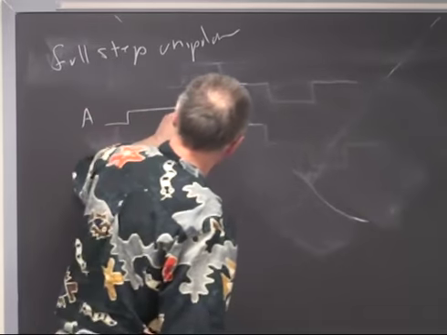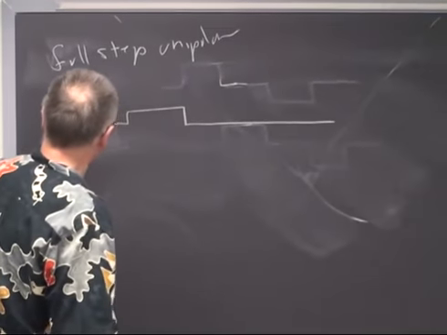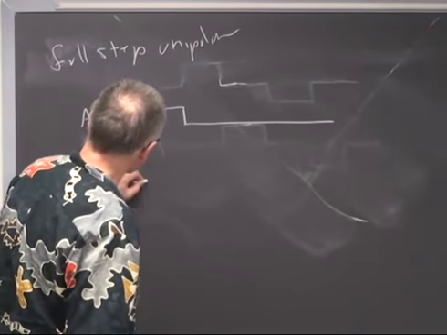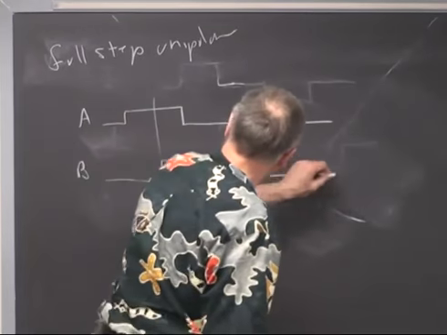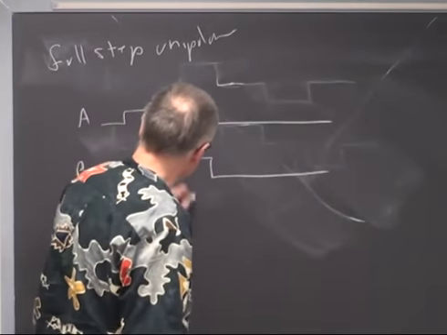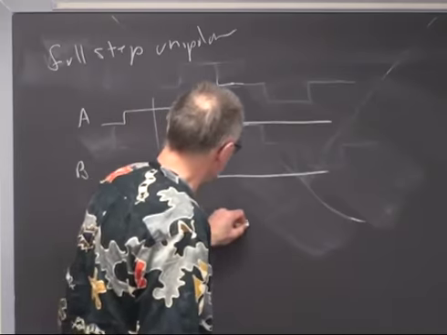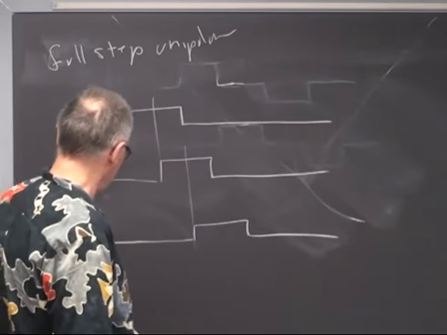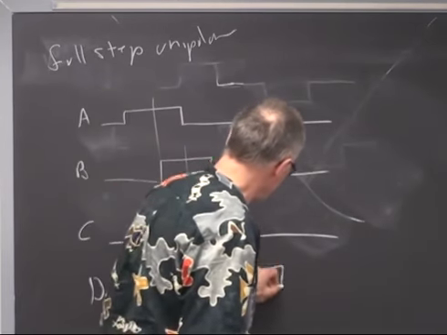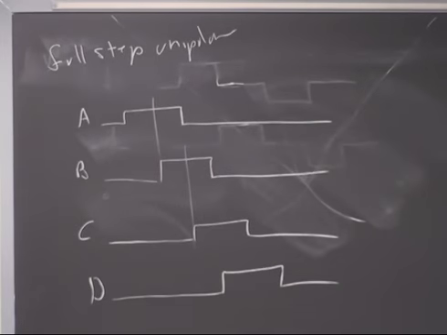A, B comes up at 50%, C comes up at 50%, D. So that you always have overlap of the torque on each coil.